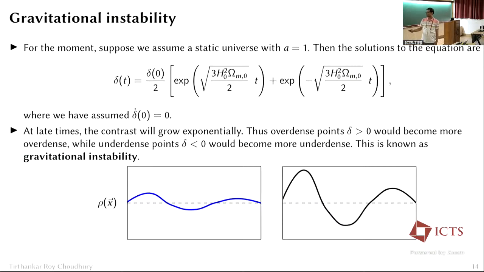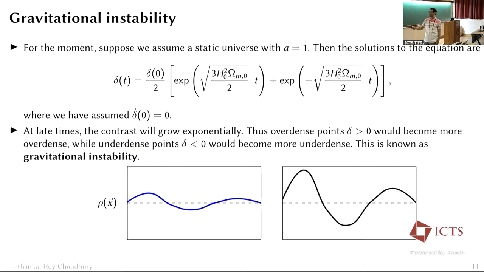This is the pictorial version of that. If you start with something which has small inhomogeneities, they will tend to grow. Regions which were slightly overdense will become more overdense because they have positive δ₀, so this positiveness will grow. Places with negative δ₀ will see the negativeness grow as well, so they will become more underdense.